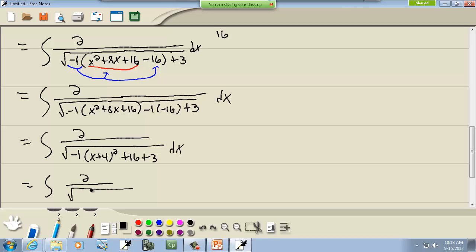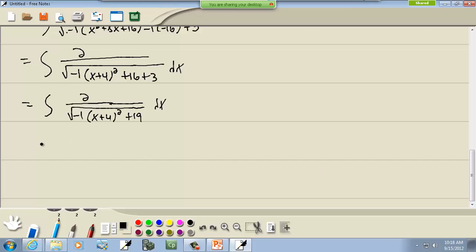Which gives us square root of negative 1, x plus 4 squared, and 16 plus 3 is 19 dx. Remember, if you've got a negative 1 in front of parentheses like that, it's multiplication, you don't need to put the 1. So we got negative x plus 4 squared plus 19 dx.